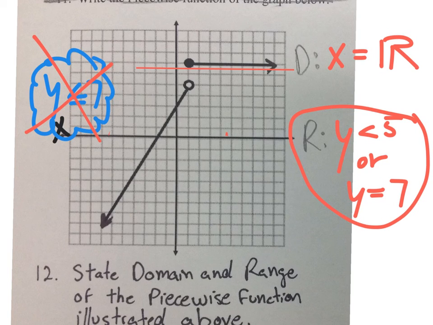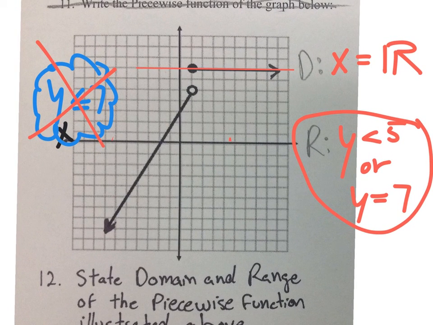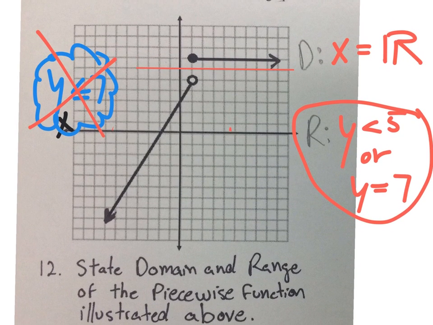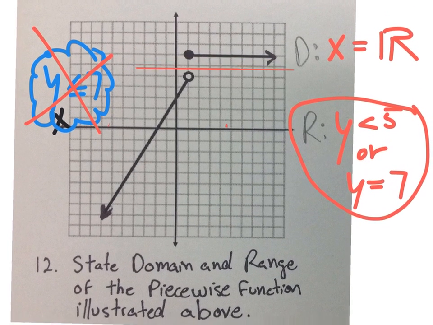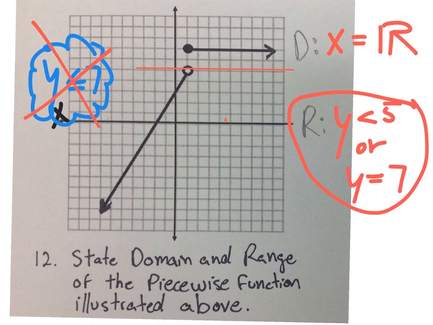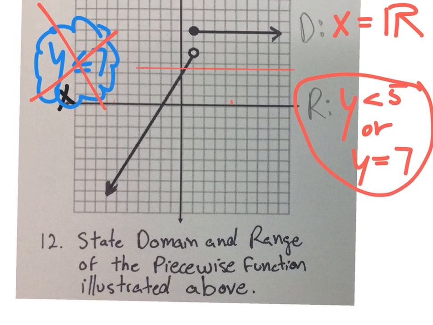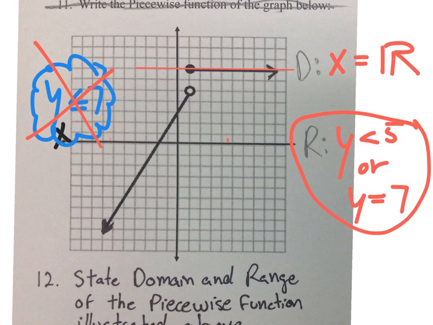If I move it down, is there any y value of 6? No, there is no y value of 6 on that graph that I'm showing. So it's kind of like I have a gap right here, between these two dots. So I would have to say, yeah, y is less than 5, but also y is equal to 7.